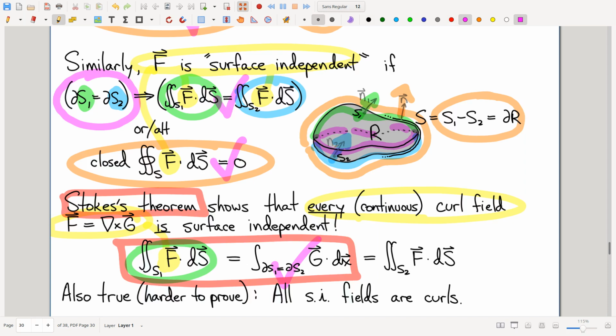Okay, so what? Now let's look at the blue integral. Let's talk about flux of F through that blue surface. Again, don't lose sight of the fact that our integrand is still a curl. This isn't just a random flux. This is flux of a curl, which is what Stokes' theorem is about.